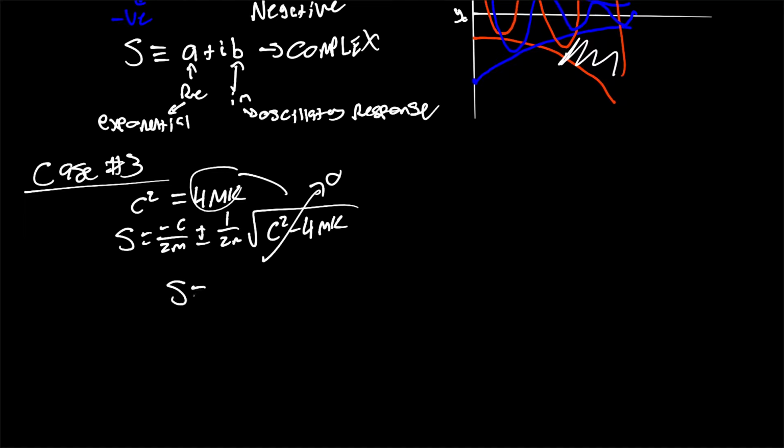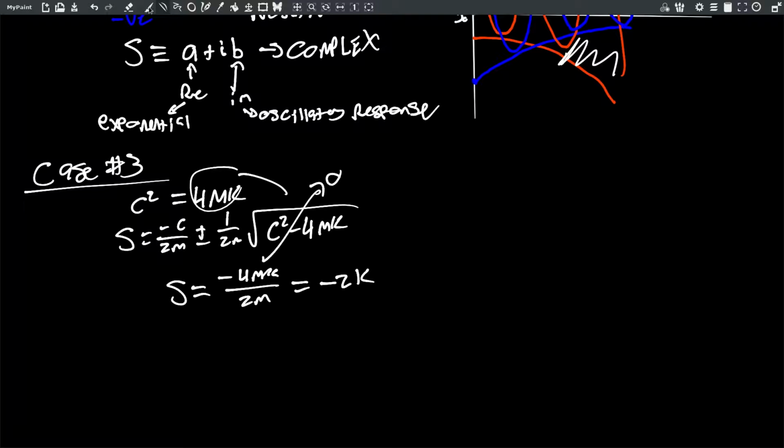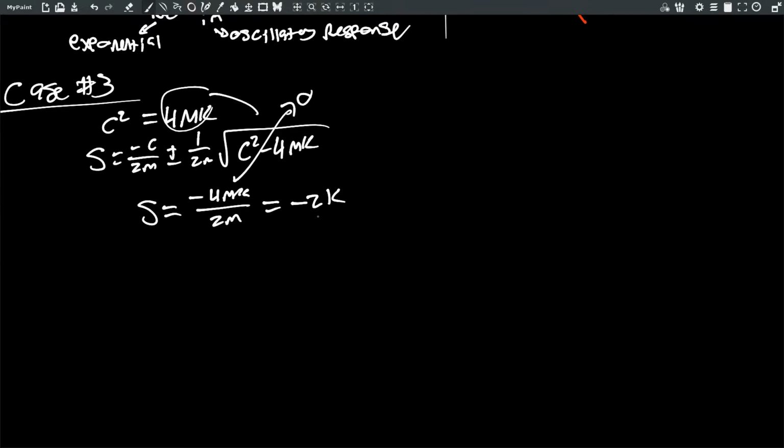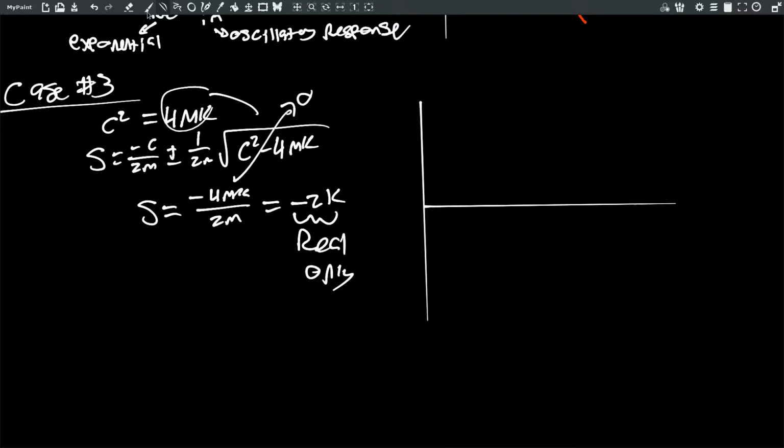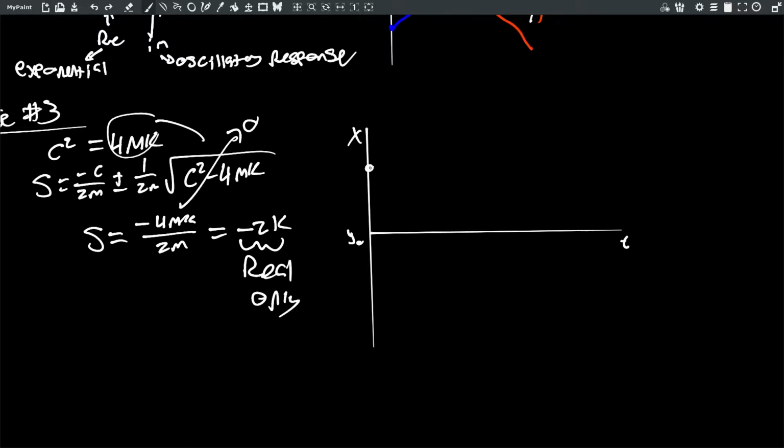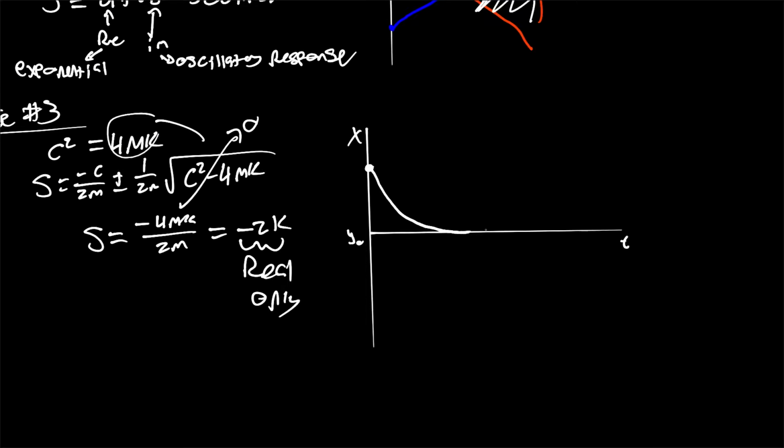So s equals negative c over 2m, or negative 4mk over 2m, which is just equal to negative 2k. Basically, what this tells us is there is only a real component to the solution. And therefore, if we try to plot this, since it's real and it's negative, the initial disturbance will just be an exponential decay to 0.